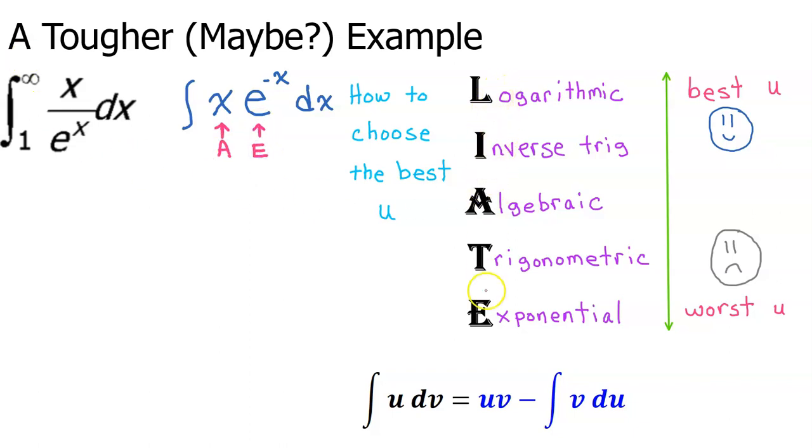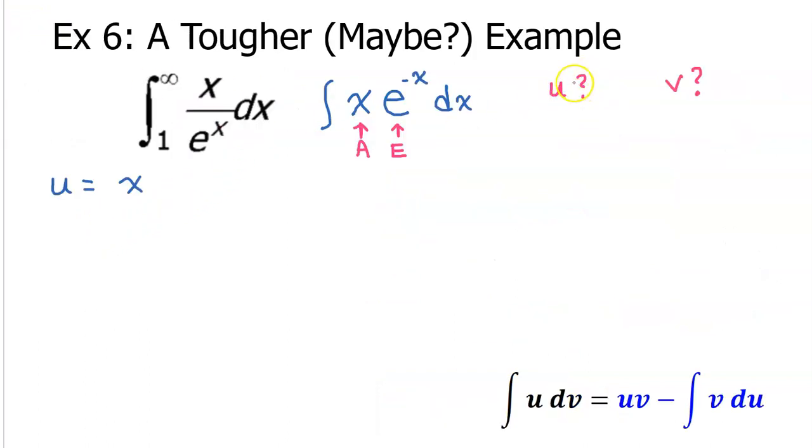According to LIATE, algebraic is better for u than exponential. So let's let u equal x. Earlier I said we had to find u and v. It's really u and dv. And since u is x, that means dv must be e to the negative x dx.